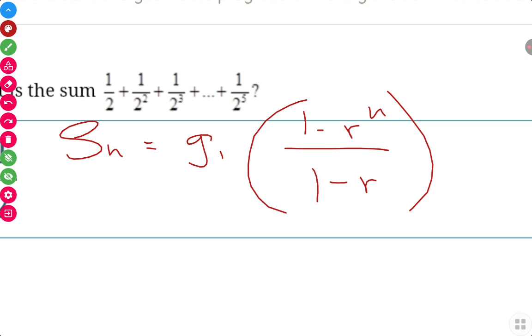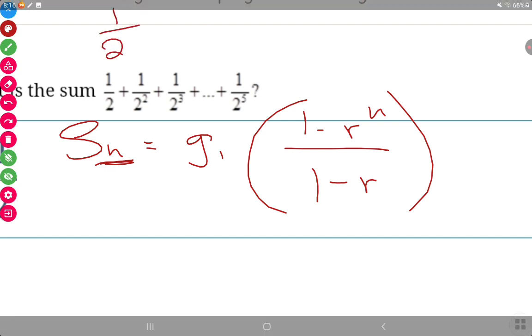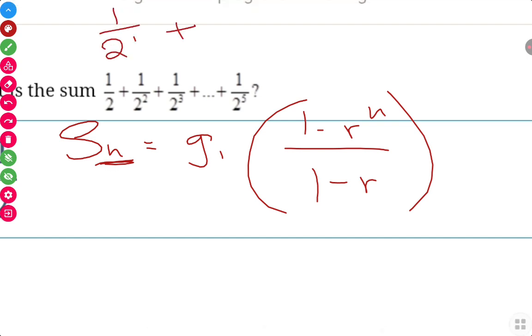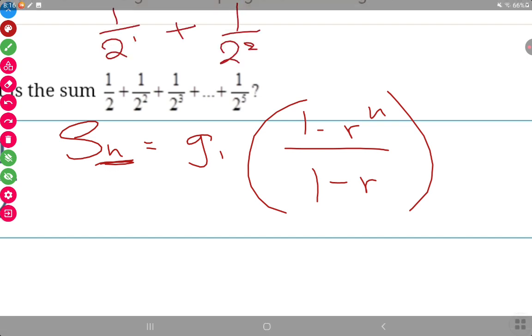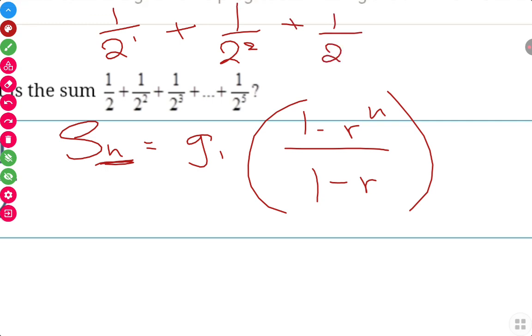So n is the number of terms, okay? So here it's 1 over 2 to the power of 1, plus 1 over 2 to the power of 2, plus 1 over 2 to the power of 3, and so on until you reach 1 over 2 to the power of 5. Now what we can see by the powers is that they increase by 1 every time.